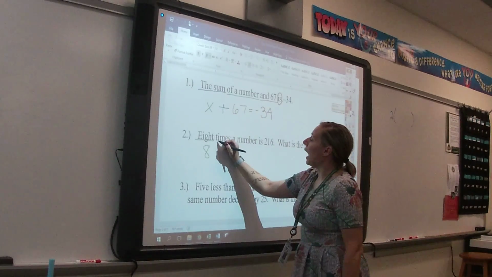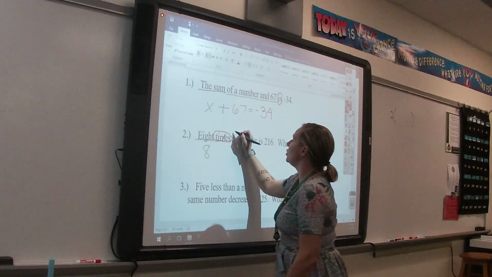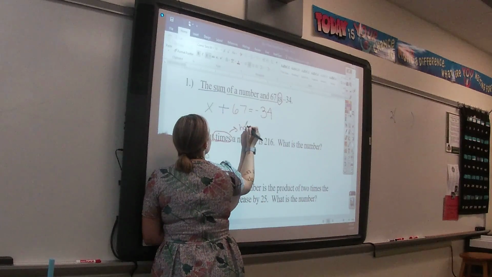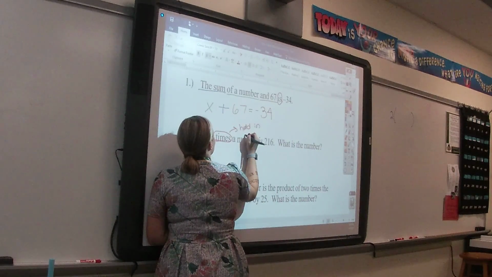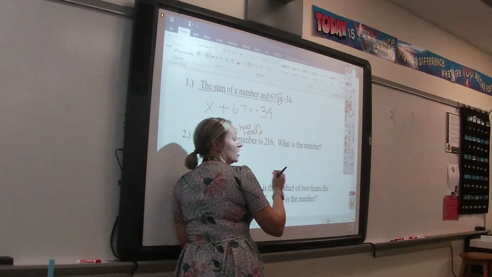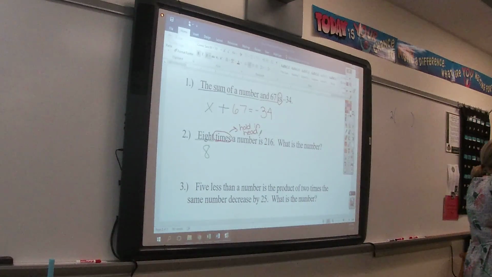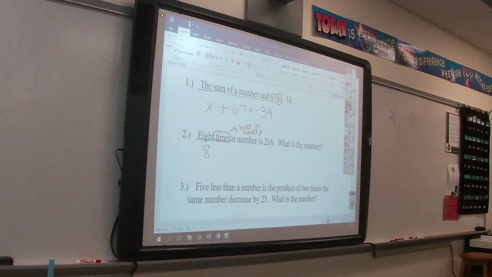Okay, so I always tell my students that when you read "times," hold it in your head. Anytime you're thinking multiplication, hold on to it, because how do we write a multiplication symbol? An X, a dot, parentheses, right next to each other, so we have to pick from 4.